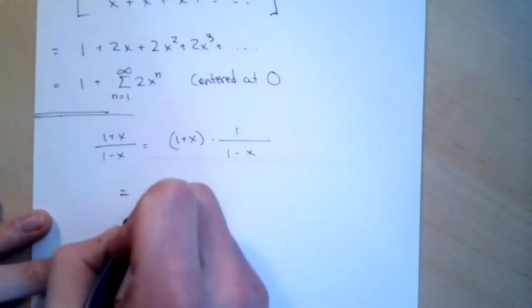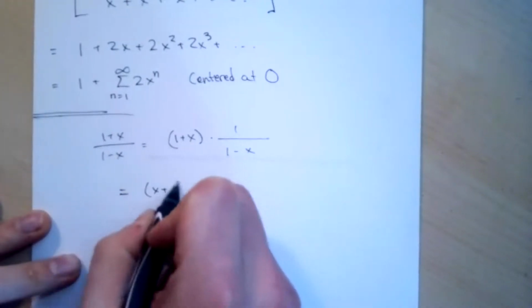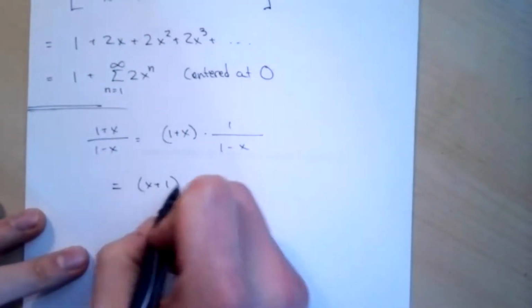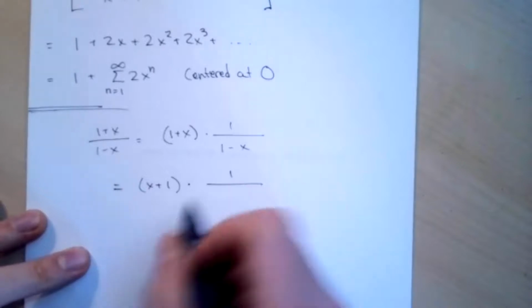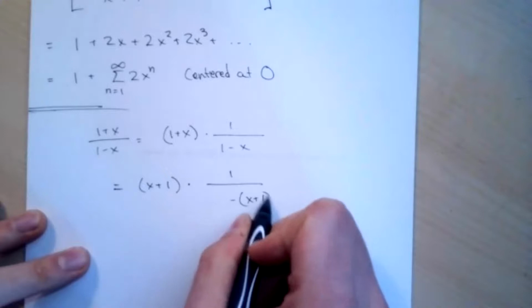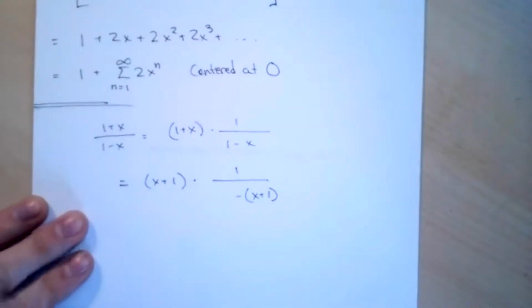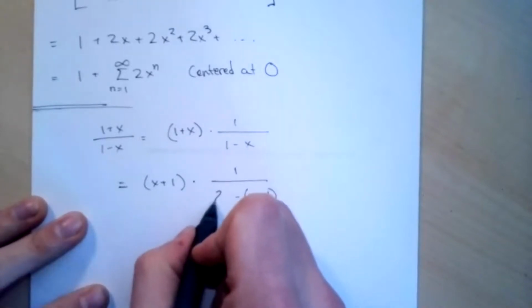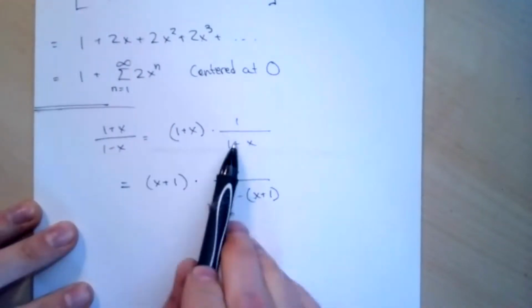So let's actually write it as x plus 1, since usually we have an x minus a for our center. And then write this guy here. What we want to do is force an x plus 1 here. But if I have a -x minus 1, we have to add an extra 1 on the outside to make those two terms the same.